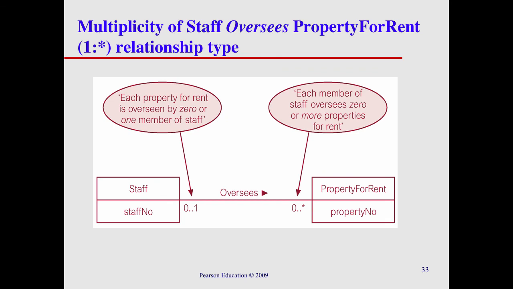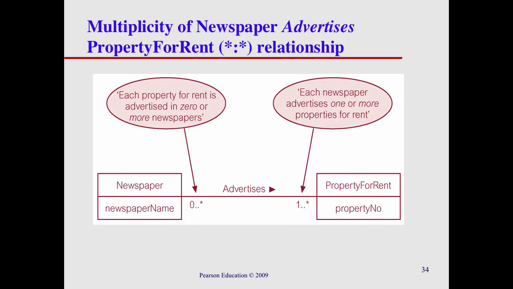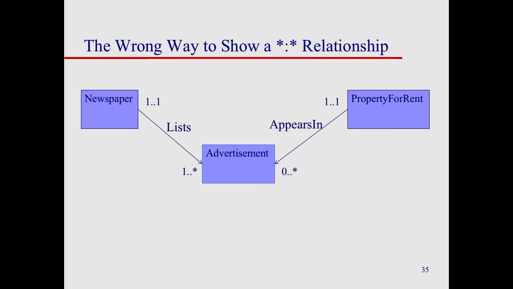So this is a one-to-many relationship. And the newspaper advertises is a many-to-many relationship because in each case, the maximum number of entities is unbounded. So we say it's a many-to-many relationship. Okay?